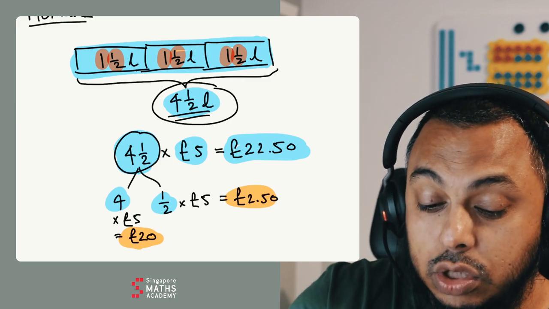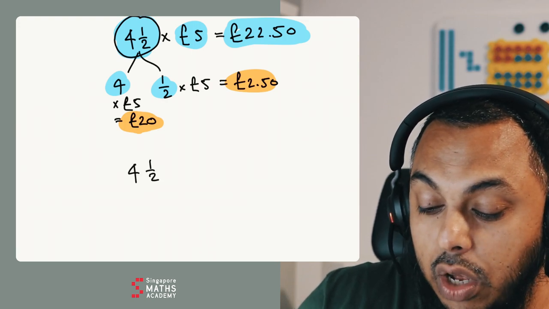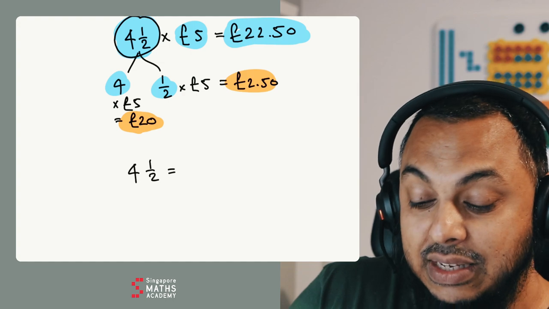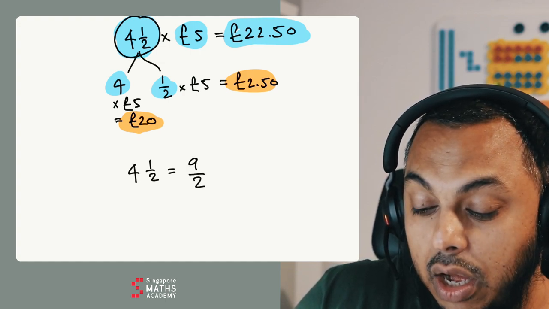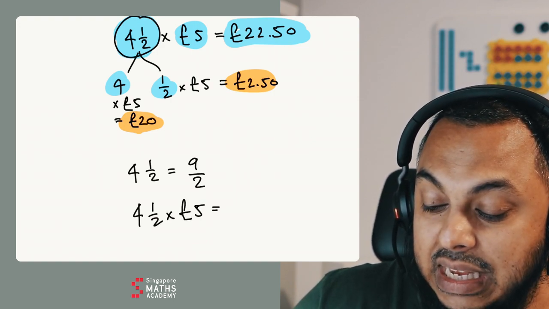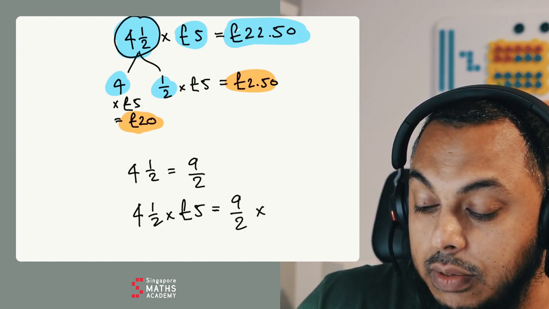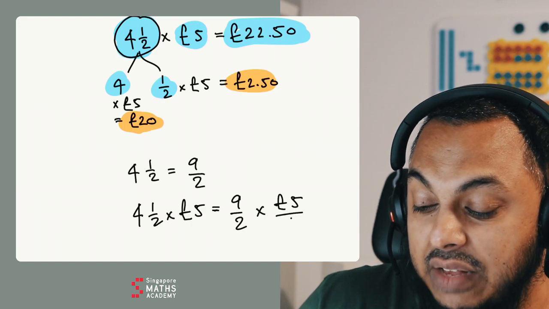I could also, instead of doing 4.5 times 5 in that way, say 4.5 is equal to 4 times 2 is 8, plus 1 is 9 halves. And so 4.5 times £5 is the same as multiplying 9 halves by £5. And that 5 is 5 over 1.